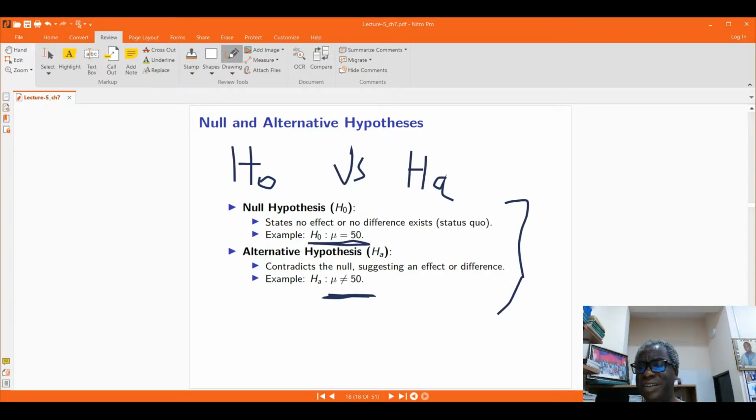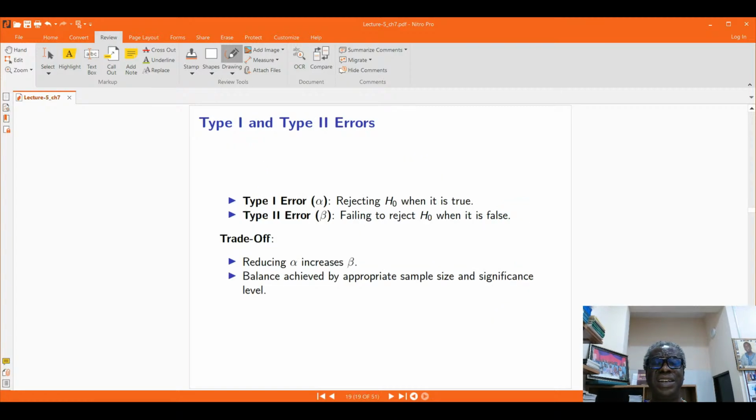Next are the type 1 and type 2 errors. You must know that when you are taking a decision about this hypothesis, it is possible to commit two errors.